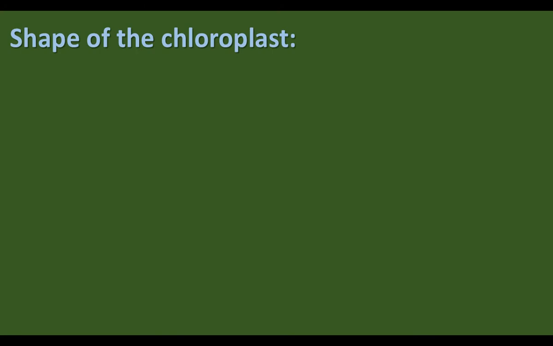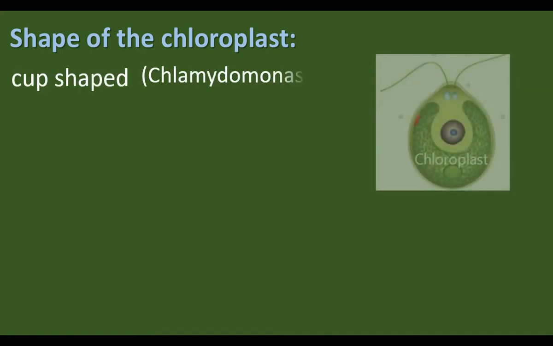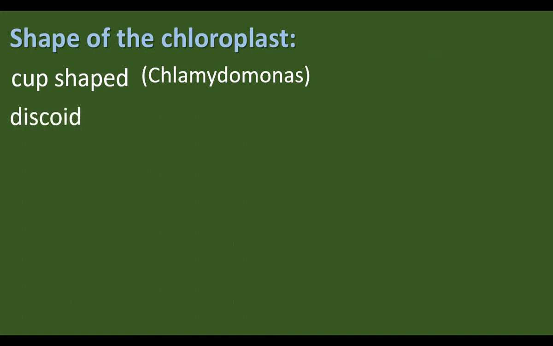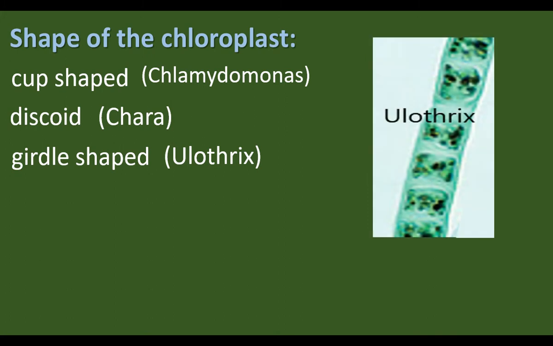Members of this class have different shapes of chloroplast. Cup-shaped chloroplast is found in Chlamydomonas. The chloroplast is discoid in Chara. Girdle-shaped chloroplast is found in Ulothrix.